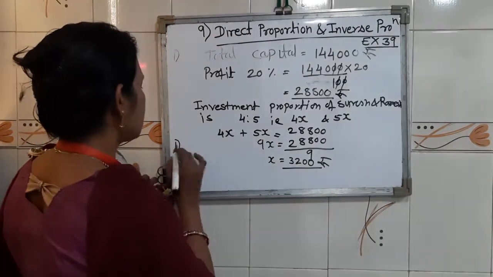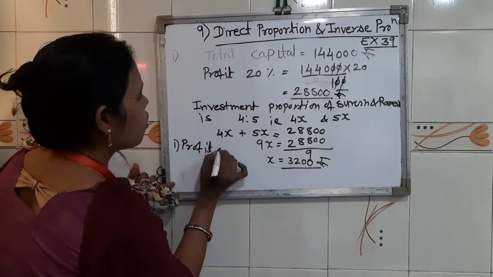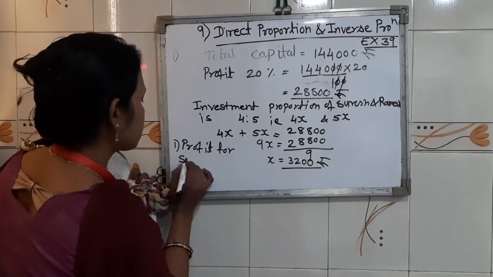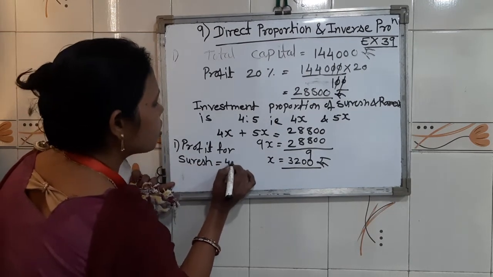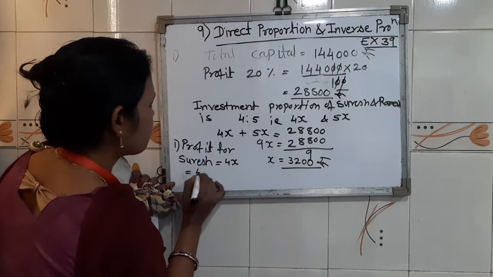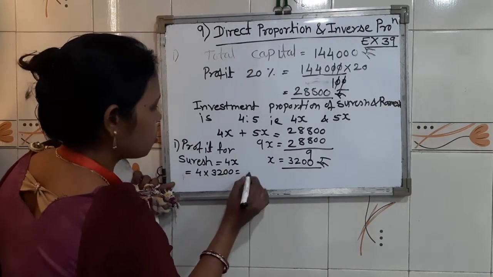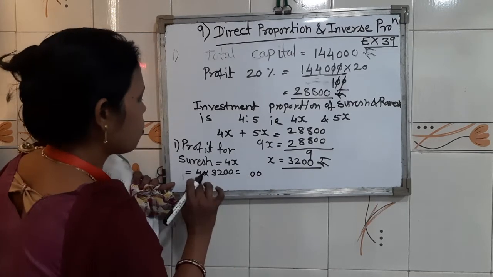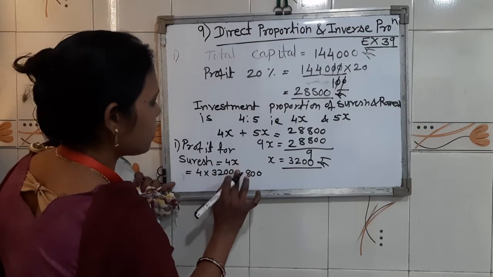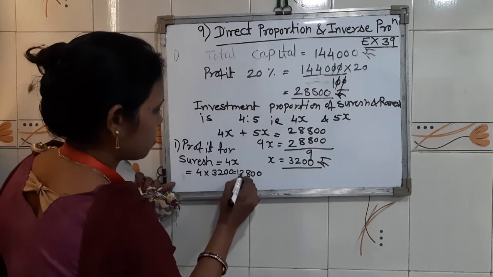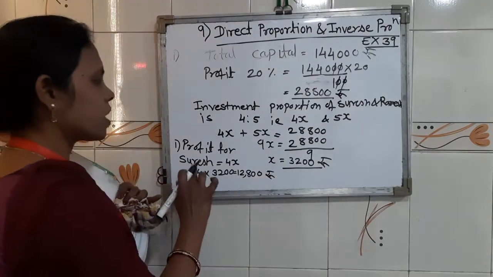So first, profit for Suresh equal to 4x, that is 4 into 3200. 20 as it is. 4 2s are 8, 4 3s are 12. 12,800 rupees profit Suresh got.